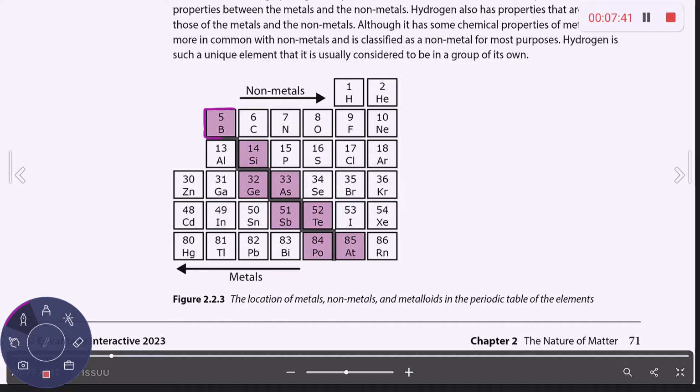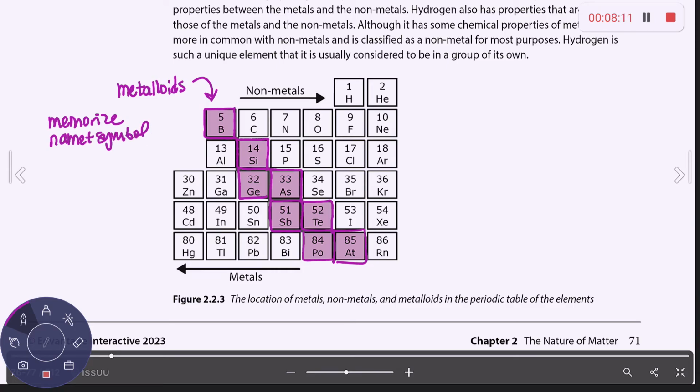And all of these right here are where my metalloids fall. So all of these elements that are shaded in this purpley pinkish color, you should color code these in a certain color. You pick it, and you should make a key that these are the metalloids. Okay, you're going to want to memorize the name and the symbol.